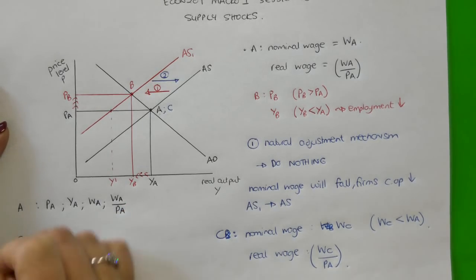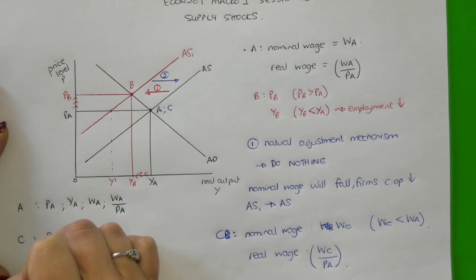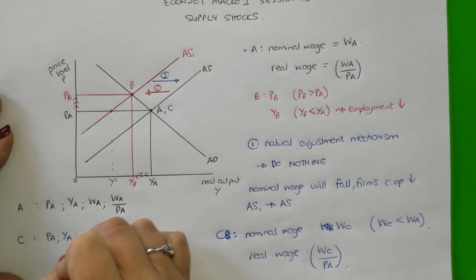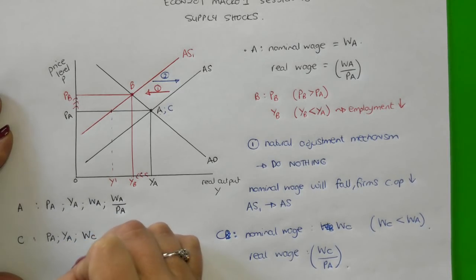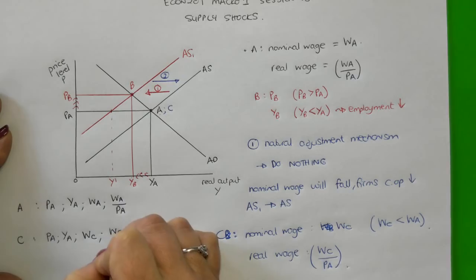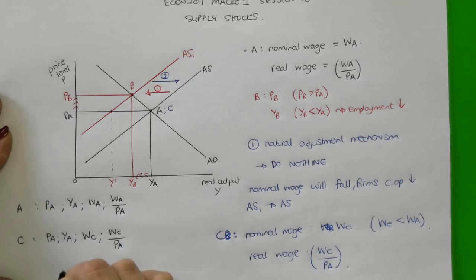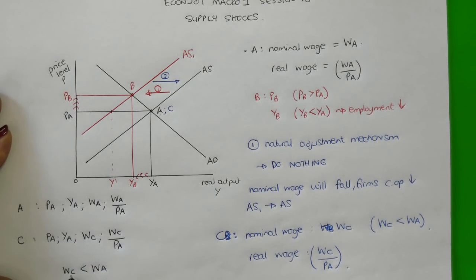At point C, the price level is PA, the output level is YA, so those things are the same, but the nominal wage is WC and the real wage is WC over PA. And the important thing to note is that WC is less than WA, so the nominal wage at point C is less than the nominal wage at point A, and in addition, the real wage at point C is less than the real wage at point A.